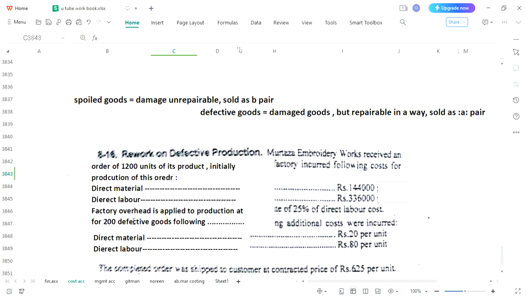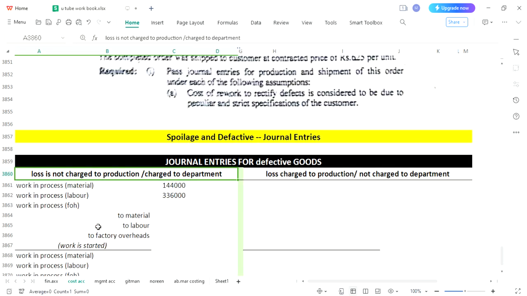Now next is factory overhead. And read over here, factory overhead is applied to production at 25% of labor cost. So we already have this 3,36,000 labor cost. To calculate amount of FH, we will simply take percentage, and how much percentage is mentioned above. Let's see.